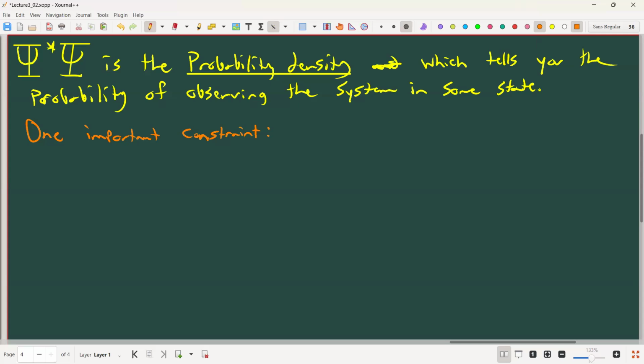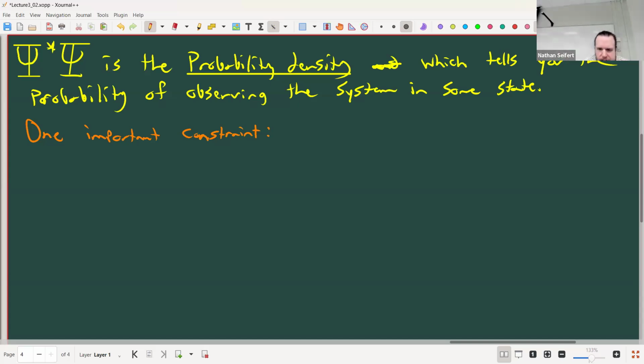Now, I'm going to subdivide the entire big box with these little boxes and add them all up. What should be the probability that I observe that electron in any part of the box? What number should it be? 1. So the total probability, once we add up all the probabilities of all the little boxes, should be 1. We're taking these infinitesimally small boxes and summing them up over all directions. That's an integral.